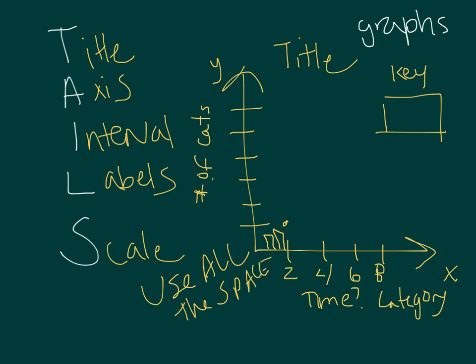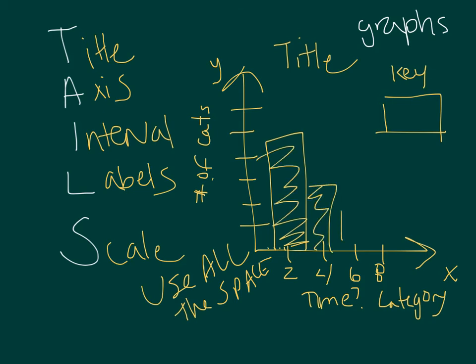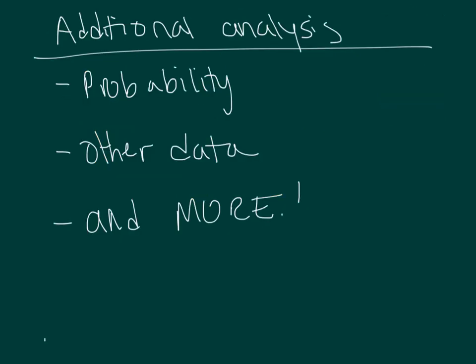In terms of scale, we want to make sure that our graph fills everything and is reasonable for the page. So just to summarize up, TAILS: title, axes, interval, label, scale. Be specific in your title, label your axes, have even intervals, use labels if it's confusing, and use all the space for your scale.